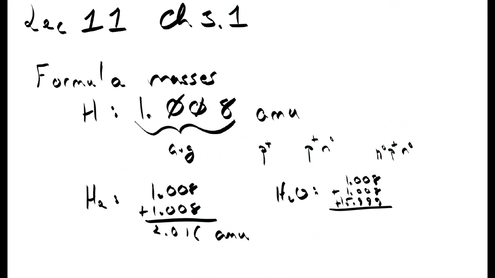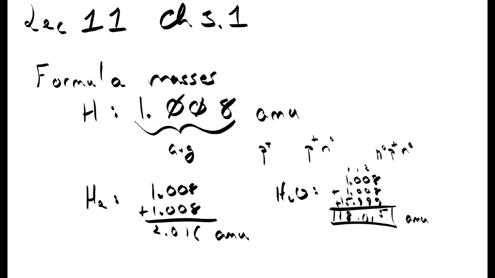And when we add those up, we get 18.015. And that is the formula mass of water in atomic mass units.